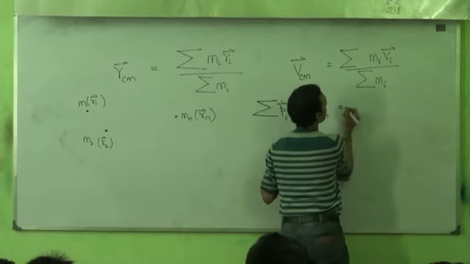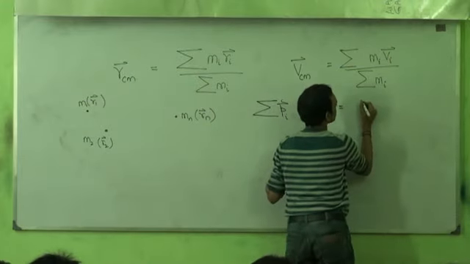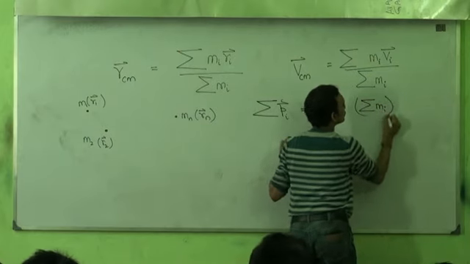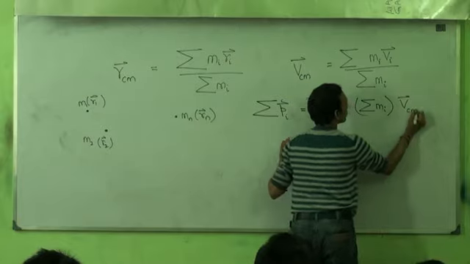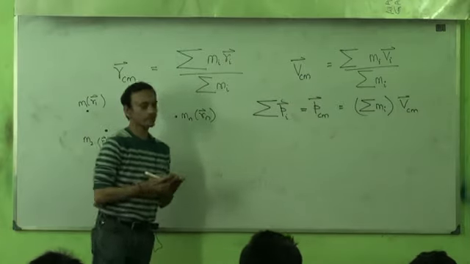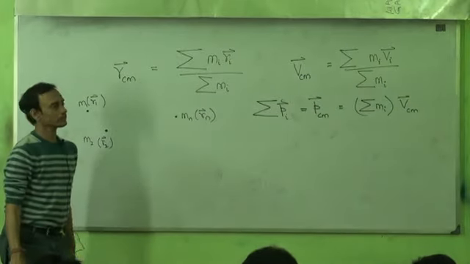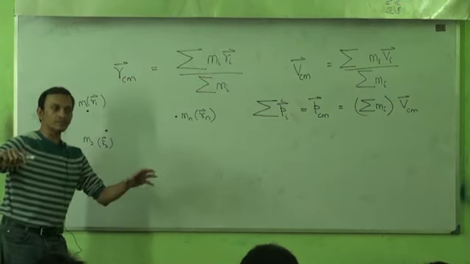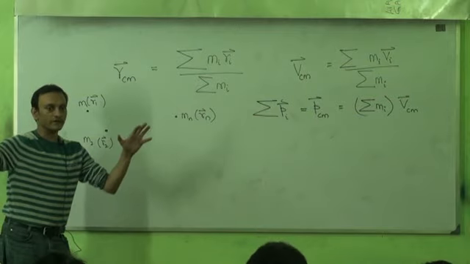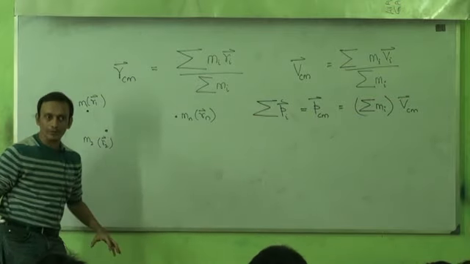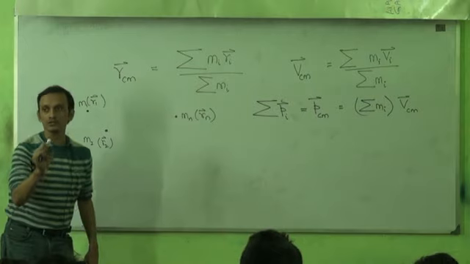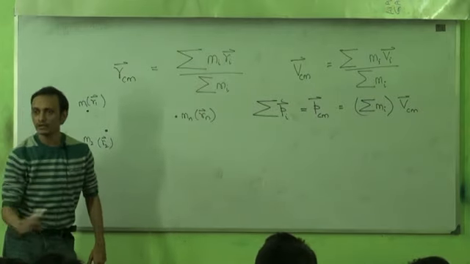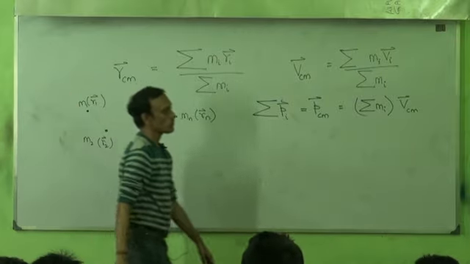It's going to be summation mi, total mass, into VCM. So instead of computing the linear momenta of individual particles, if you want to know the total linear momentum of the system, just look at the linear momentum of the center of mass.